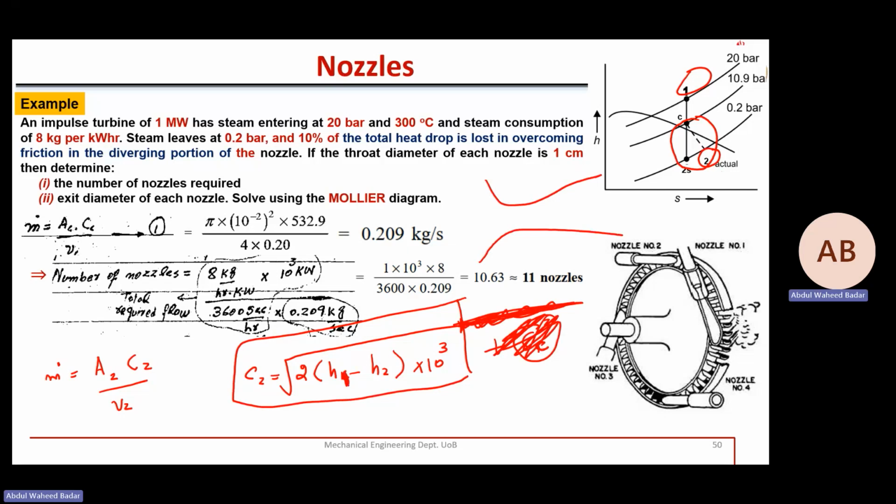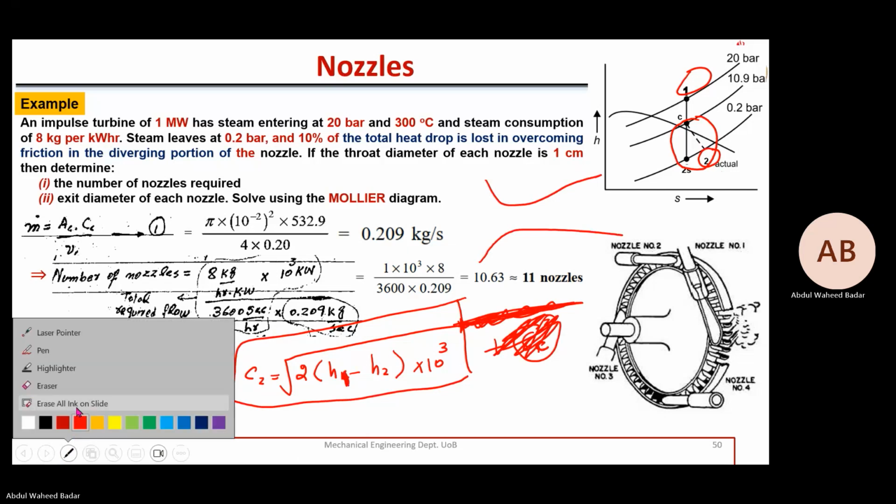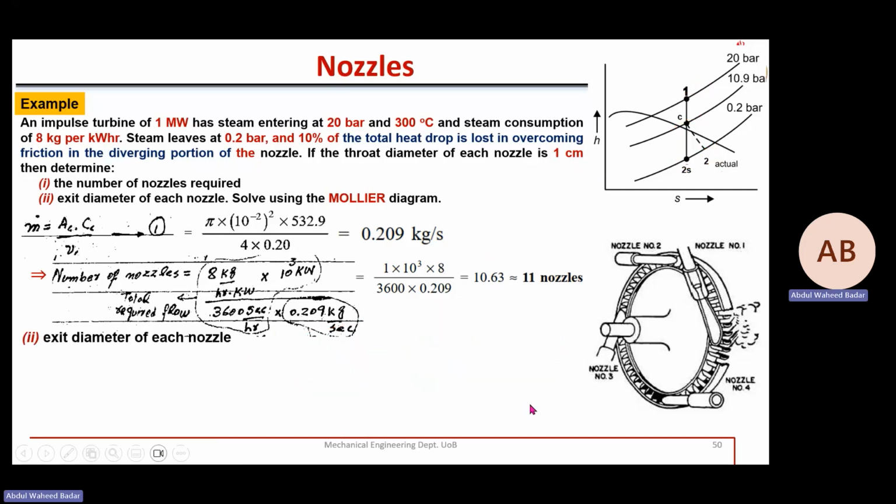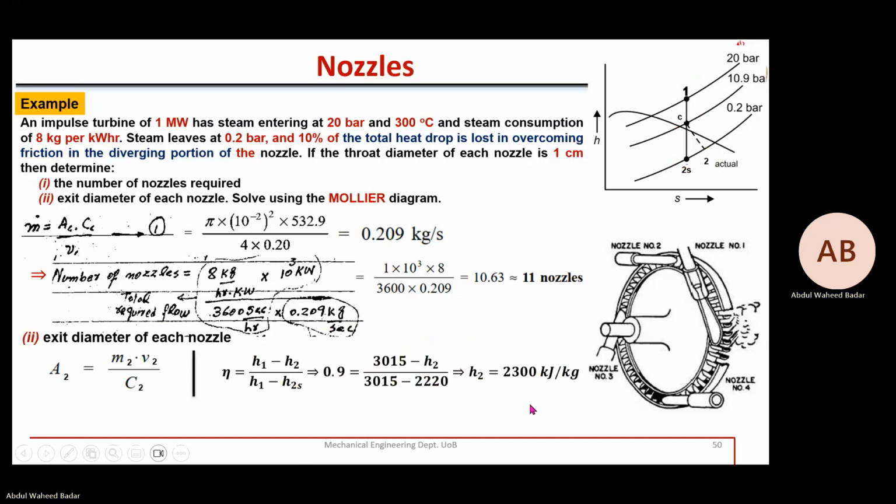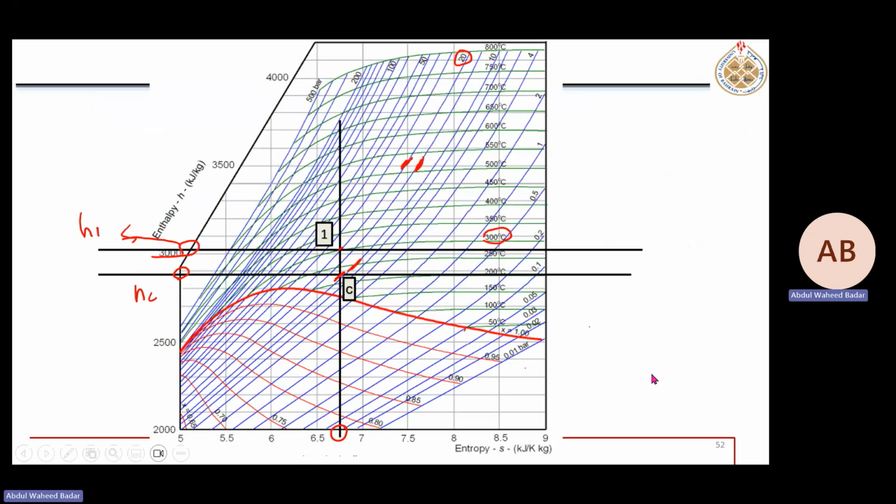So here we need to find out H2. How? Here is the lowest pressure, 0.2 bar, I think.